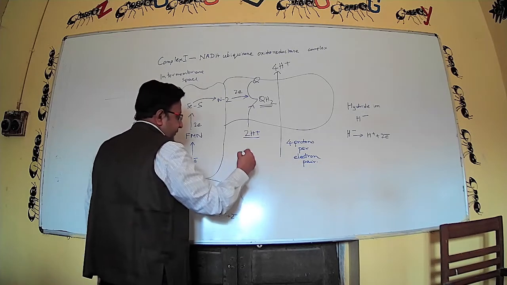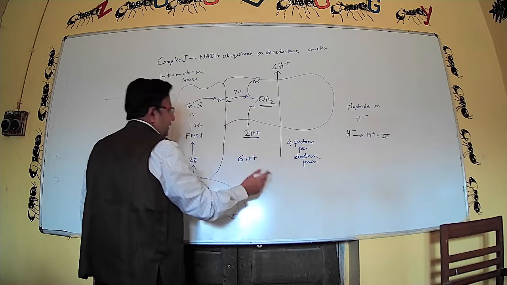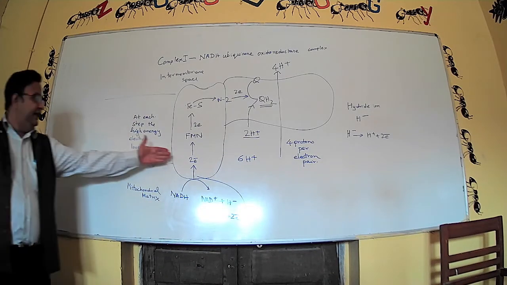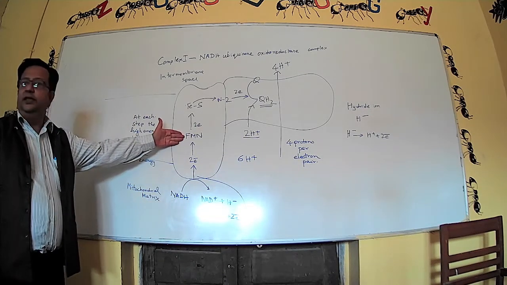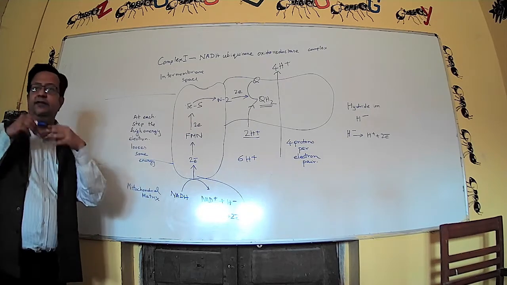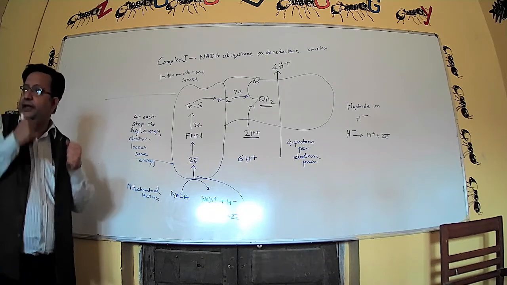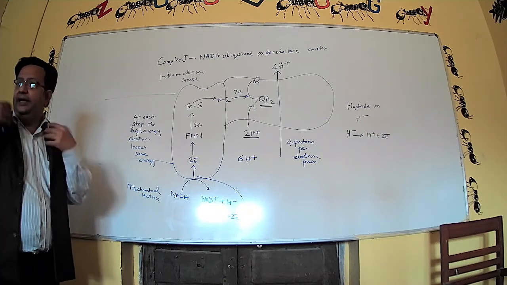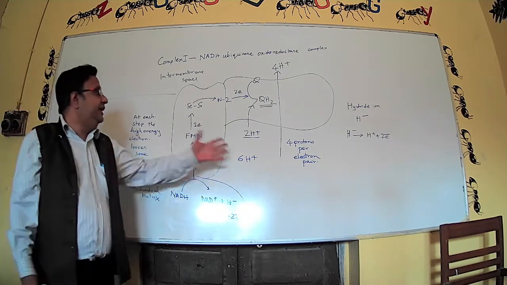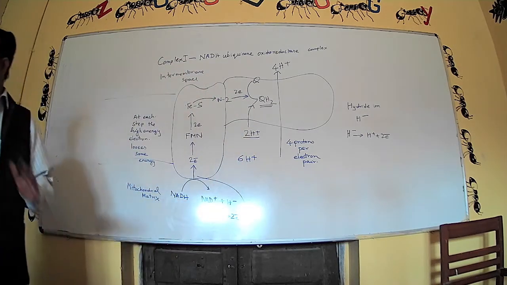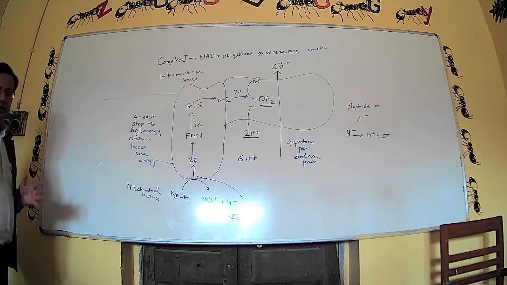So basically something like 6H plus is pumped outside because of this. And the energy from this to this, some energy from the electron is lost. Electron is in an excited state, always jumping. Gradually the jump is decreasing. And that energy is being utilized and it is used to pump the protons outside. This is the next function of the first component.